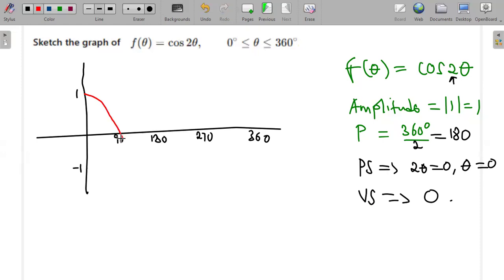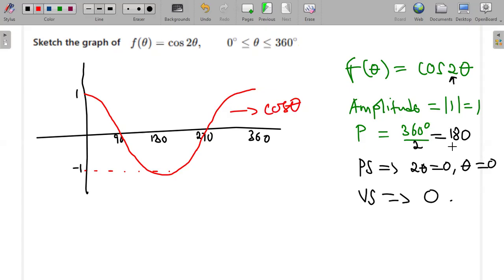Okay, so it comes like that. Then it goes back like that, passes through 270 and then stops at 360 like that. So this here is the level 1, and the lowest part is minus 1. So this is the general structure of cos theta.